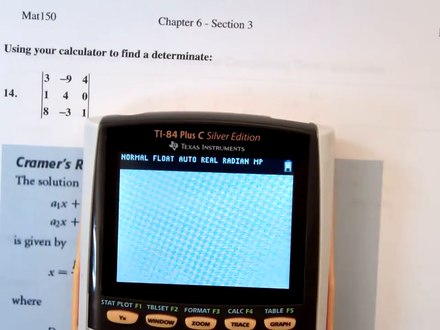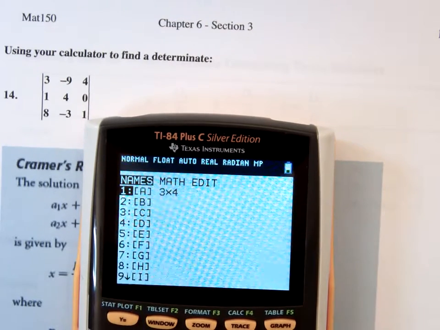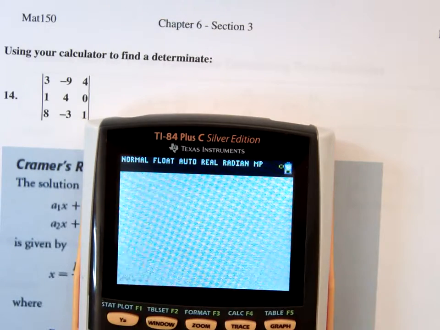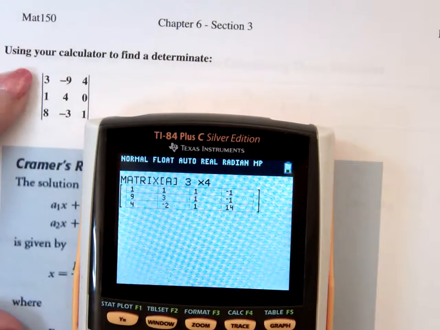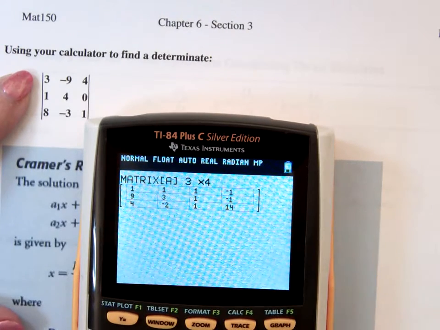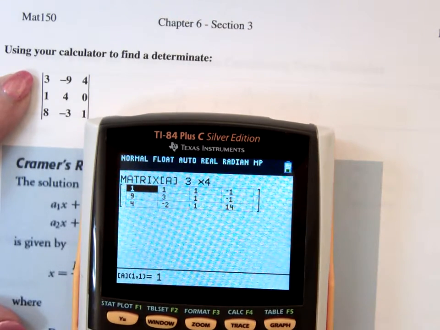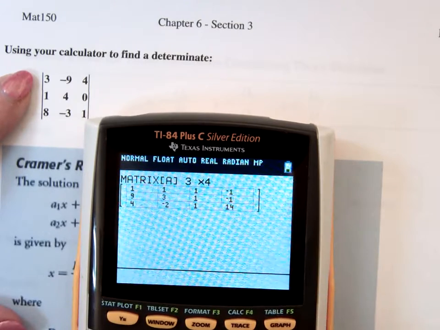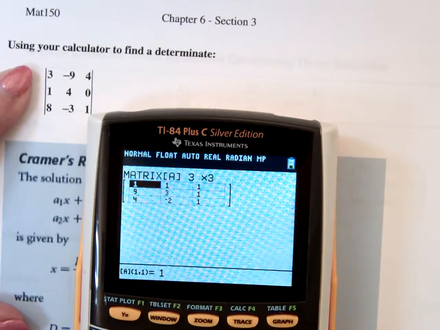problems using matrices. So first thing I do is I go into matrix like I always do, and I want to edit. Now this time I'm not putting in a 3 by 4, I'm putting in a 3 by 3. So 3, enter, 3, and that takes me down to a 3 by 3.